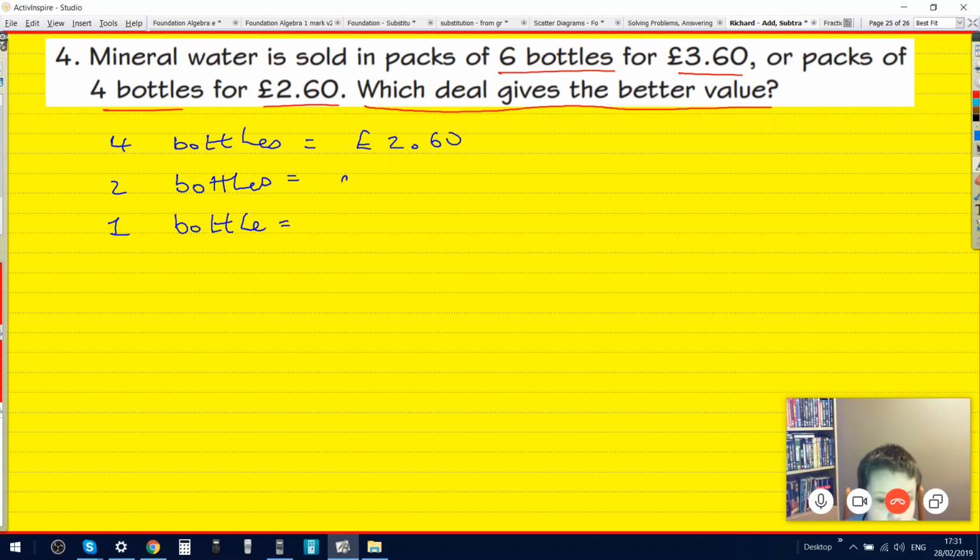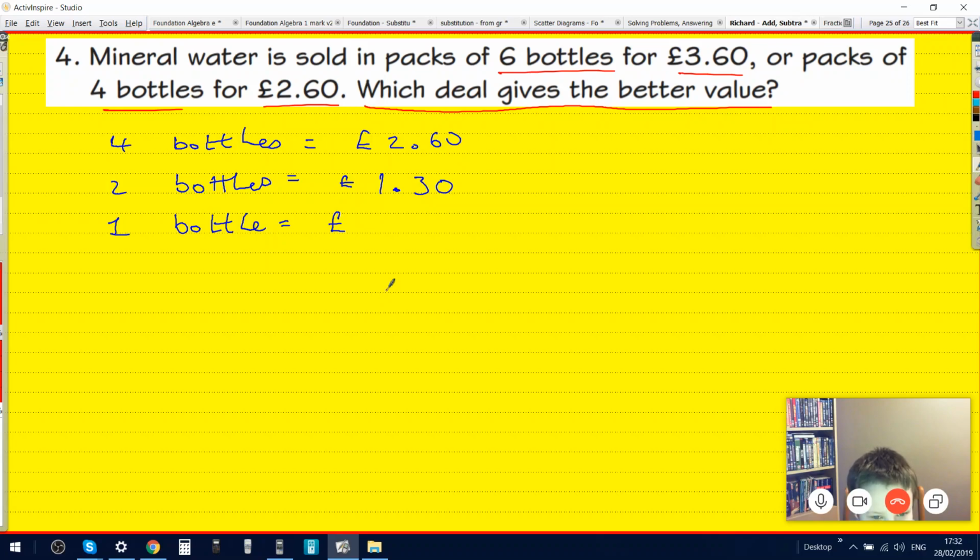Okay. Well, I know that half of £2.60 is £1.30. So the cost of 2 bottles is £1.30.